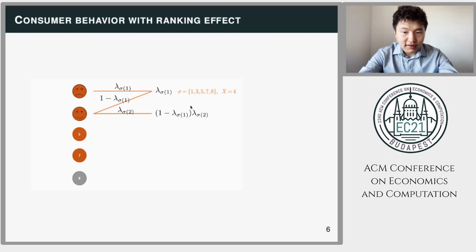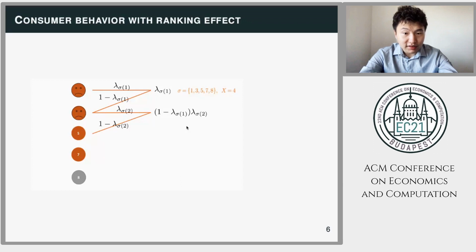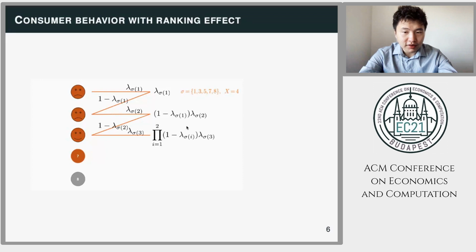Consequently, we can say that the probability of the consumer purchasing item 3 is (1 - lambda_sigma_1) times lambda_sigma_2. Continuing this process, the consumer would keep viewing the products and purchase the one that makes her satisfied. She will leave the system after viewing the 4th product if nothing makes her satisfied.